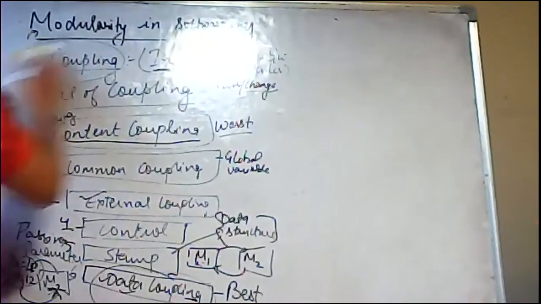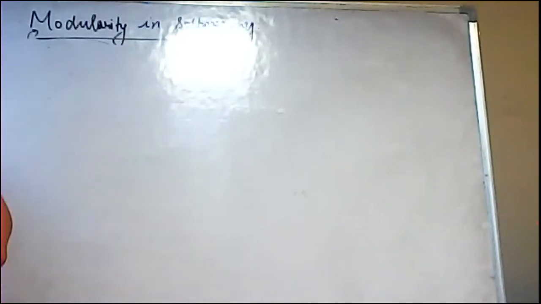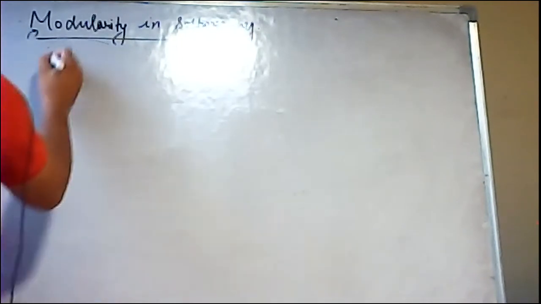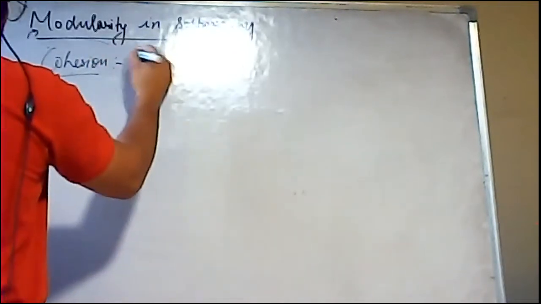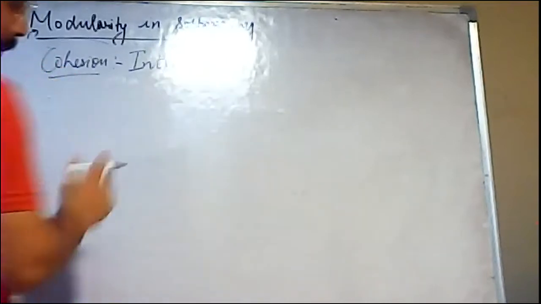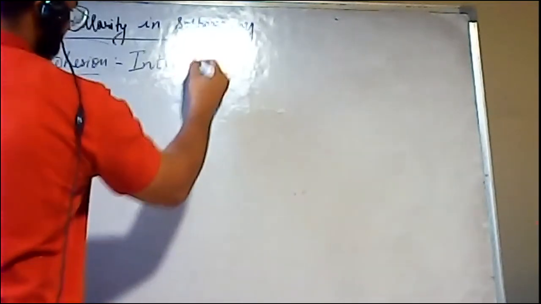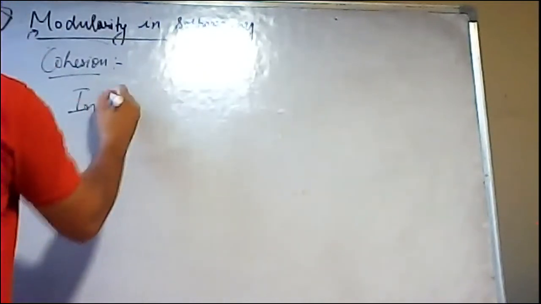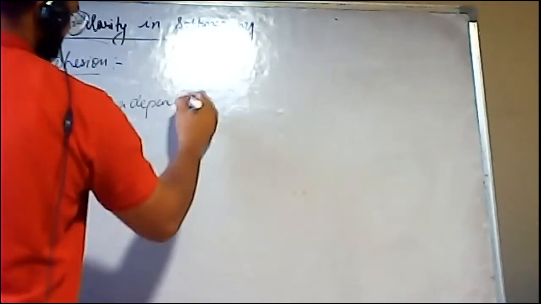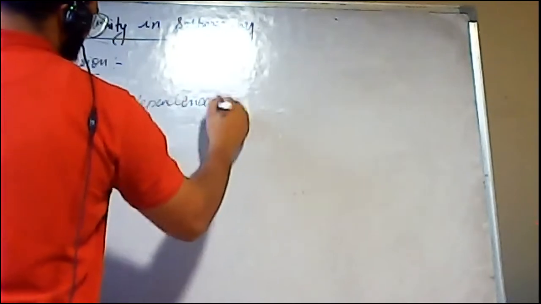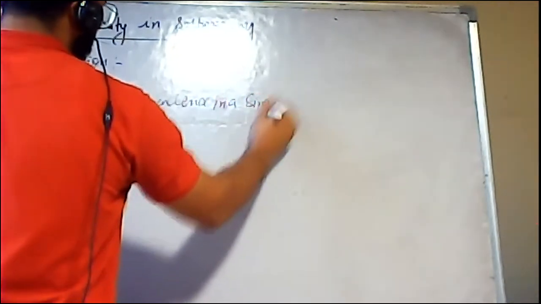Okay. Next is cohesion, and it is intra-interdependence in a single module.